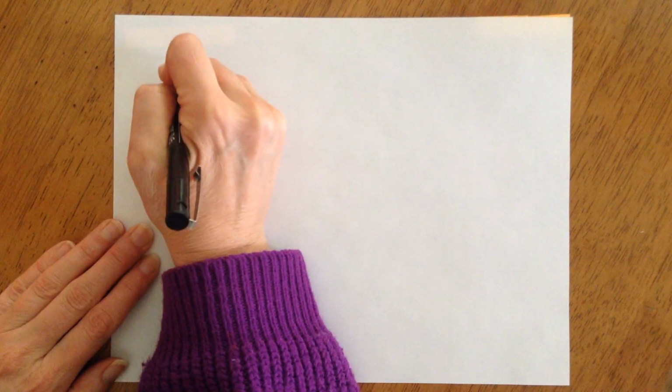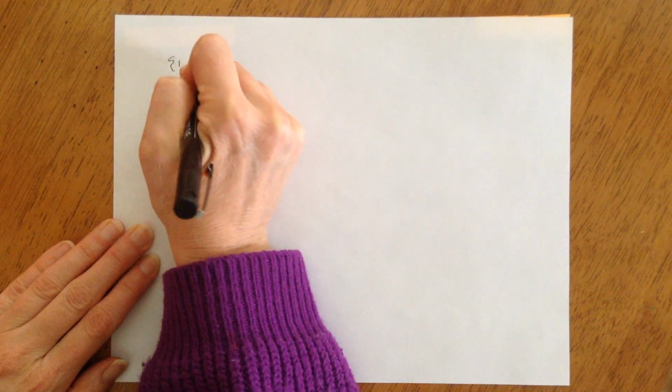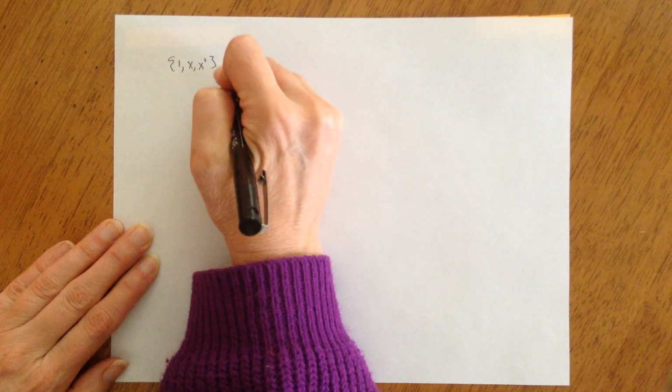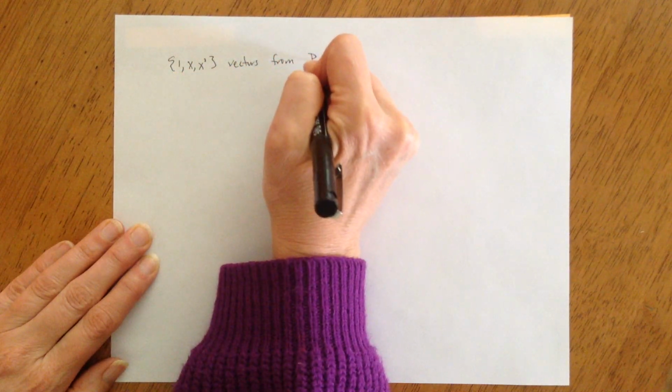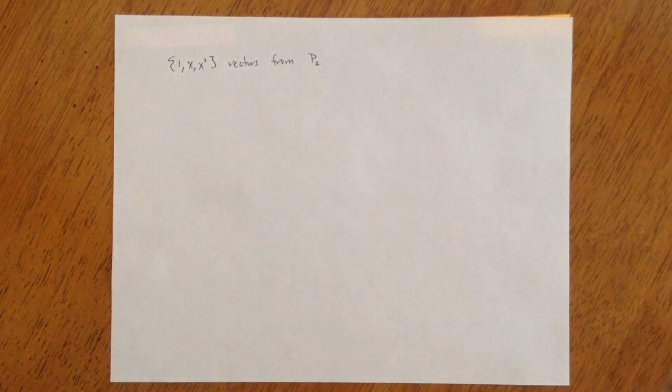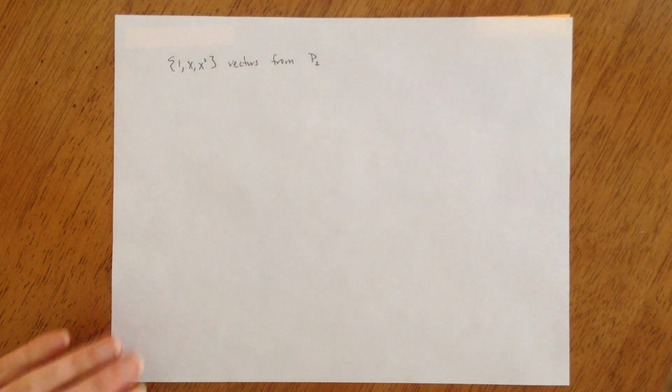So let's look at a set of vectors from a different vector space. Let's look at the set 1, x, and x squared. These are vectors from the set of polynomials of degree 2 or less. Is this linearly independent? So let's check.